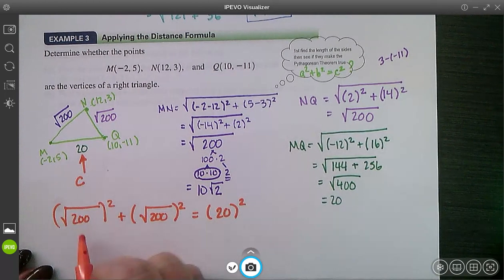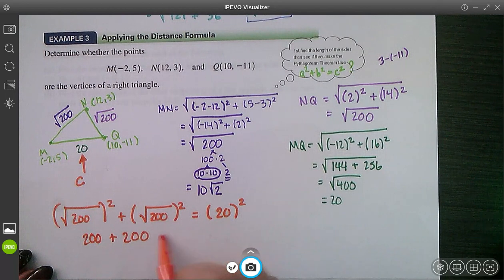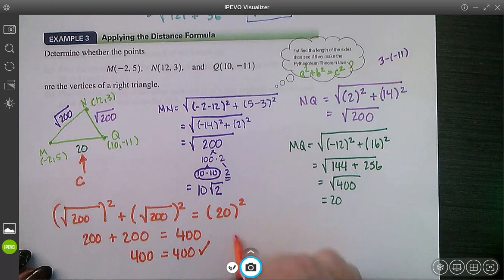Square root of 200 squared is 200, and the square root of 200 squared is 200, and 20 squared is 400. So yes, the Pythagorean theorem works, which means it is a right triangle.